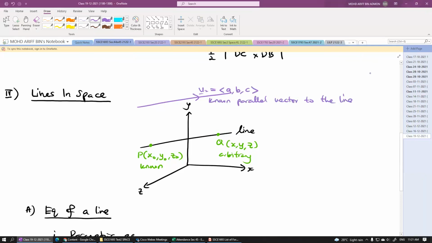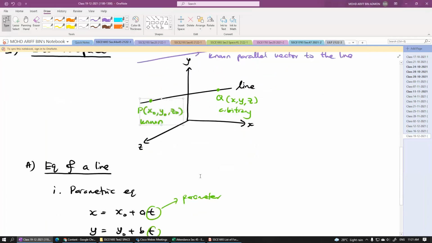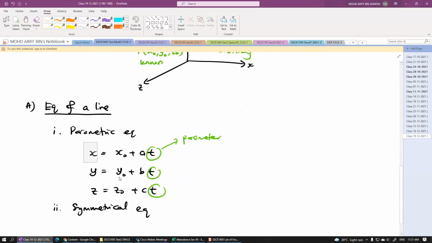Basically, we don't care about the direction, whether it is to the right or to the left, the opposite direction, just as long as it is parallel. So if you know this parallel vector and a point on this line, then you are able to create the parametric equation of a line.